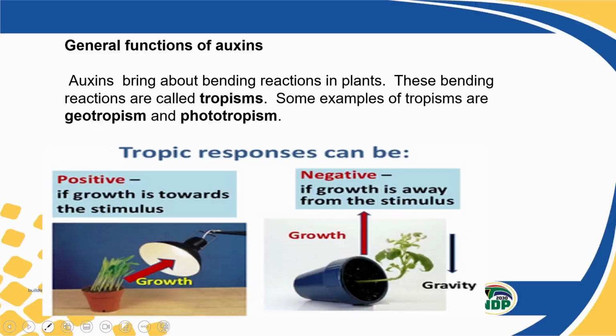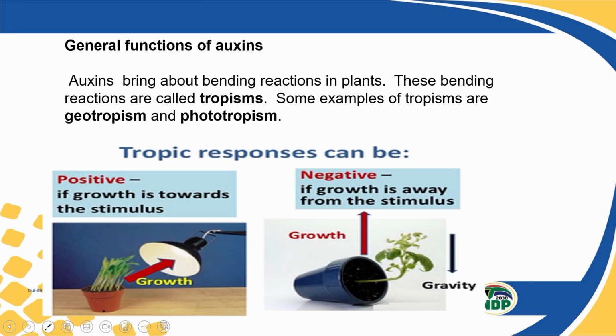So one of the functions of your auxin is to stimulate bending reactions or growth movement of a plant towards a particular stimulus. Here we've got examples of two tropisms, as we have already indicated, phototropism as well as geotropism, as part of the examples of tropisms that we have to learn in grade 12.